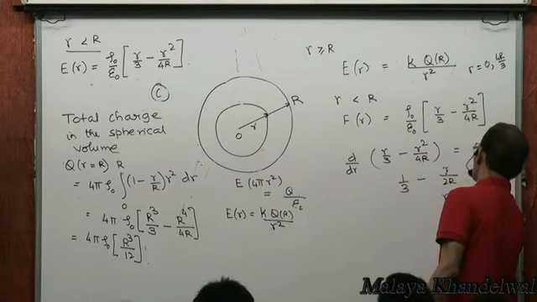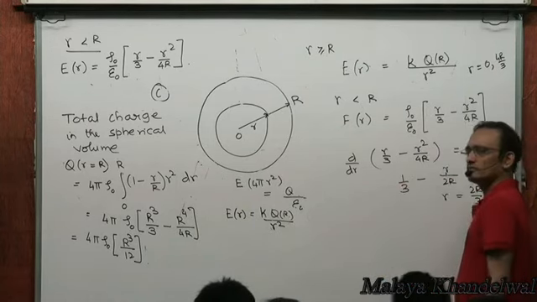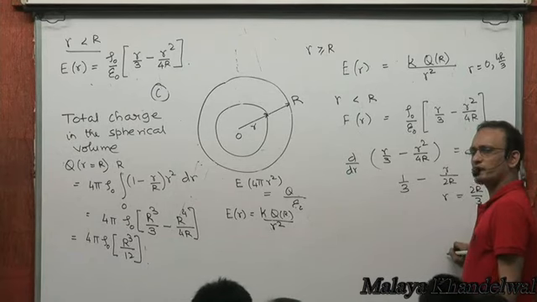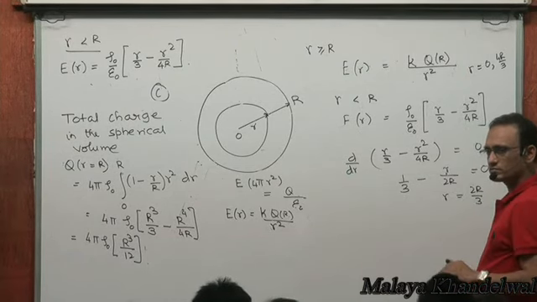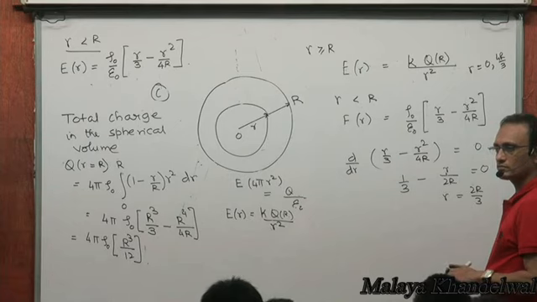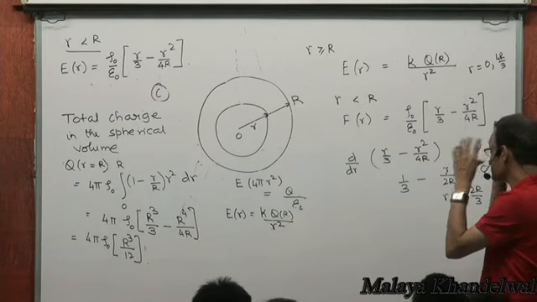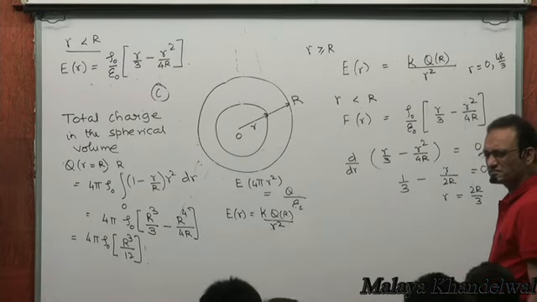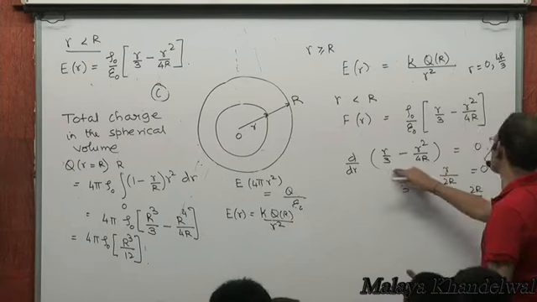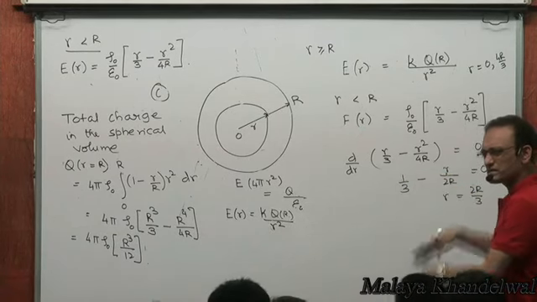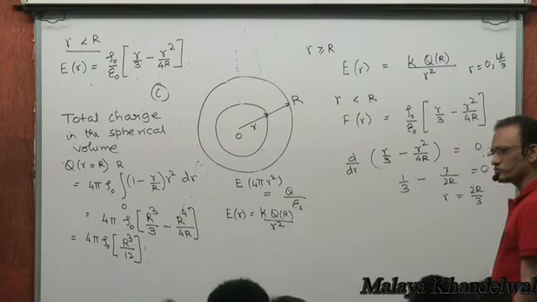That means that r equal to 2R by 3. It becomes a maximum. Yes or no? Alternatively, you could have written this as a perfect square plus minus something. That also would work, right?